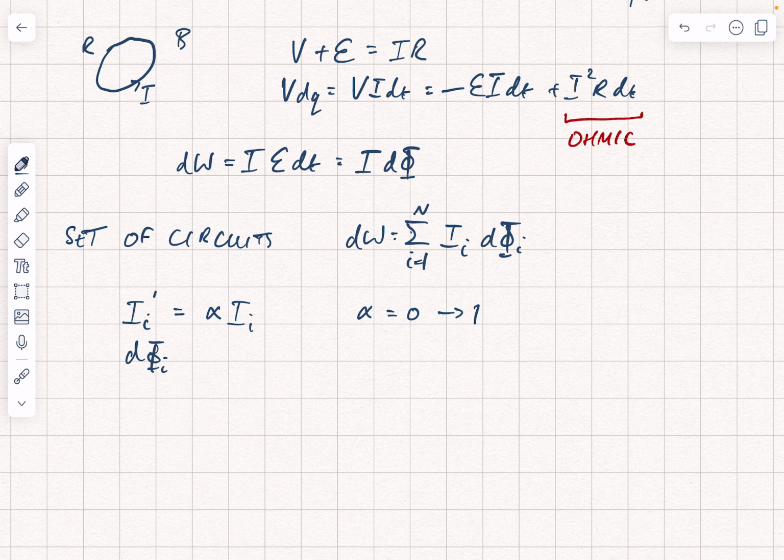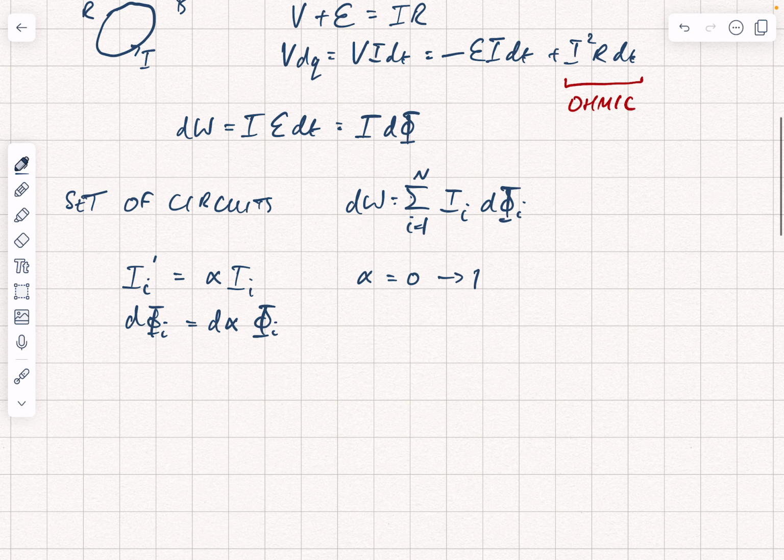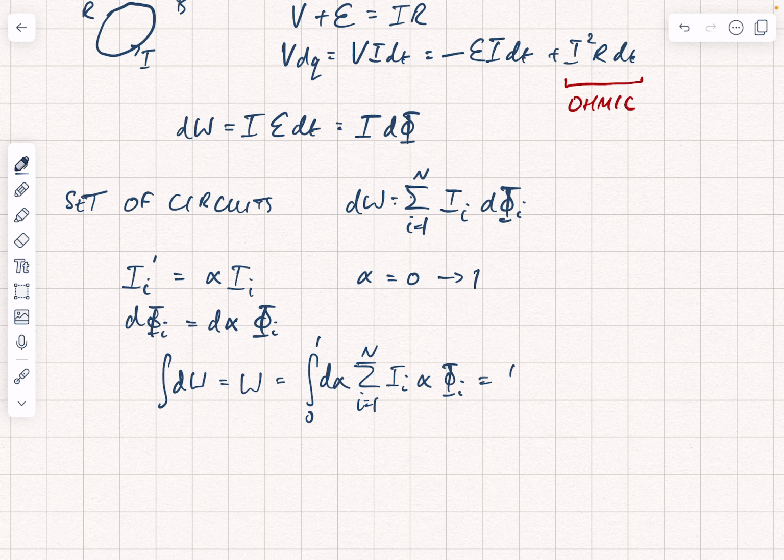So we have d phi I is d alpha multiplied by phi I, and so then we're going to integrate over alpha, so the integral of dw, which is just w, is the integral from 0 to 1 d alpha, the sum from I equals 1 to n of I alpha phi I, which of course is just a half times the sum over all of these different circuits of I multiplied by phi.